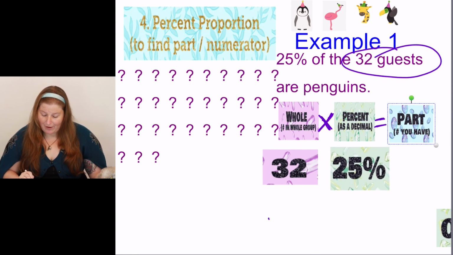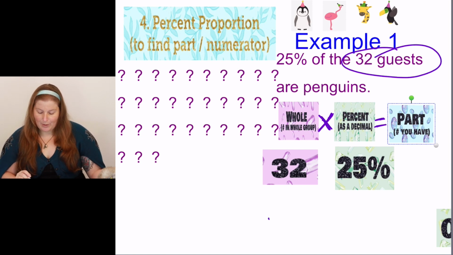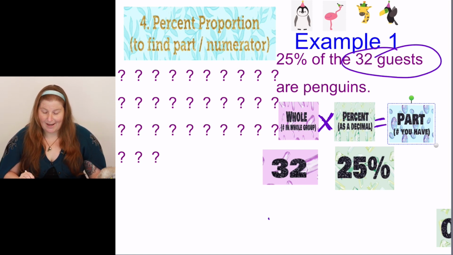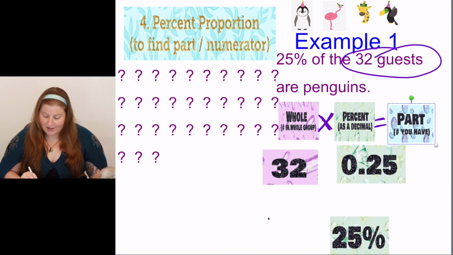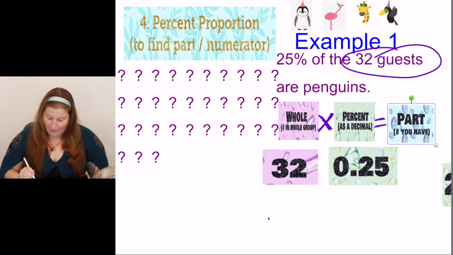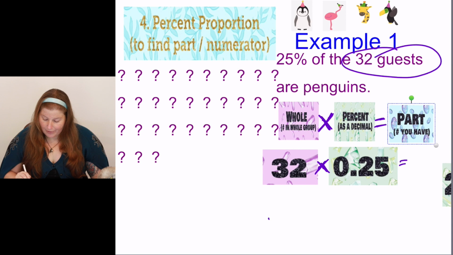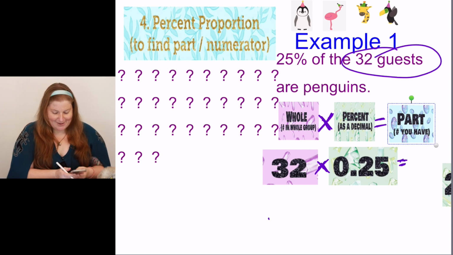However, in the percent equation, we want to use percent as a decimal. So 25%, percent means parts out of 100, would be 25 out of 100, or 25 hundredths, written like this as a decimal. So if I multiply these two things together, I can solve for the number of guests that are penguins.